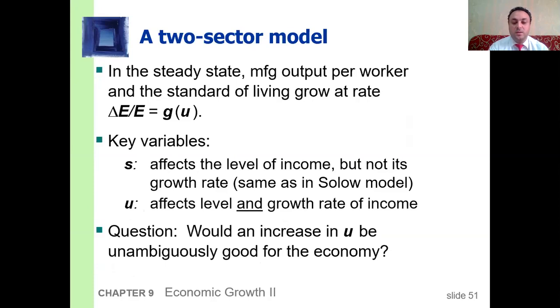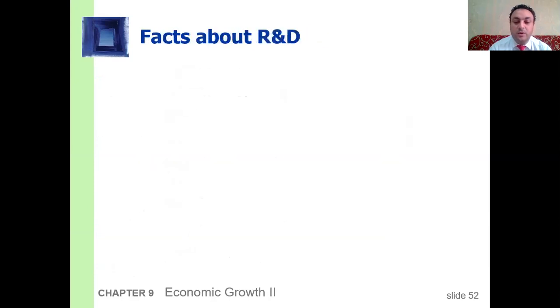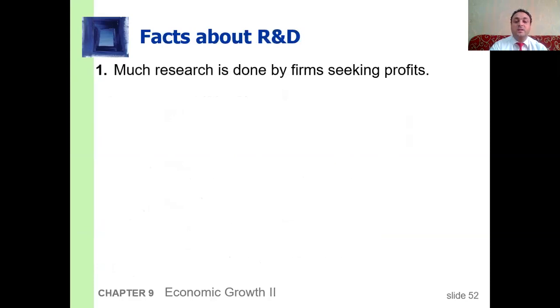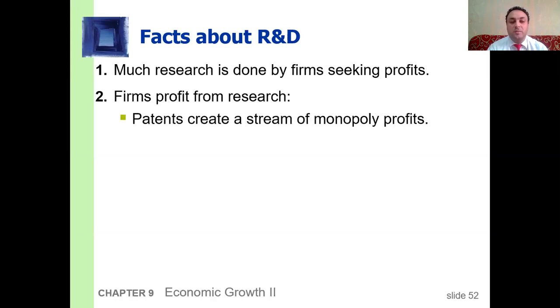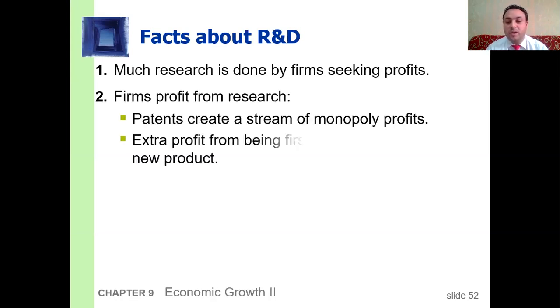So in this case, would an increase in u be unambiguously good for the economy or not? We have some facts about research and development. First, much research is done by firms seeking profits. Also, firms profit from research through patents, which create a stream of monopoly profits, extra profit from being first on the market with a new product.